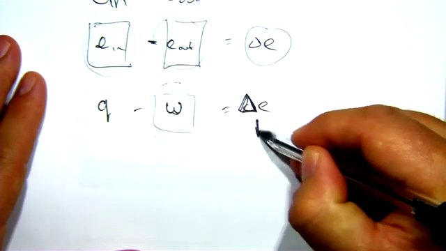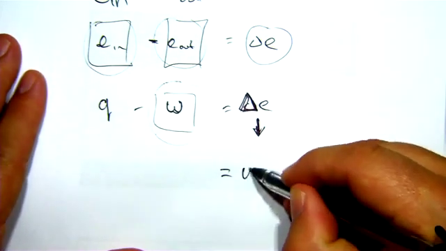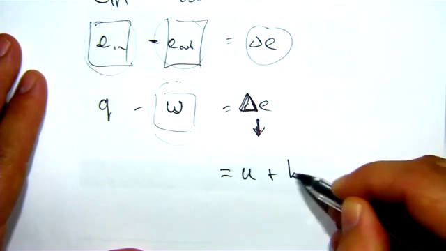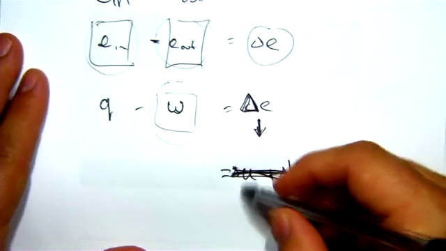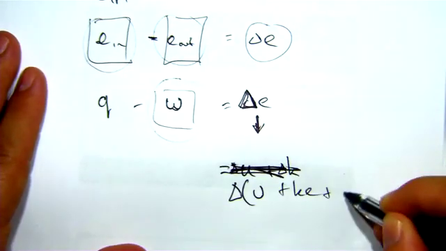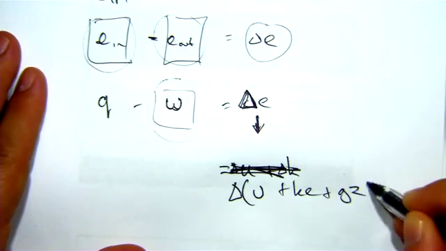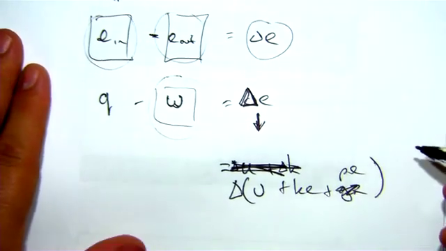At that point, if I take my E and split it all out to all the terms that we talked about before, delta U plus KE plus PE. Actually, let's write this as delta everything. Delta U plus KE plus GZ. With me?